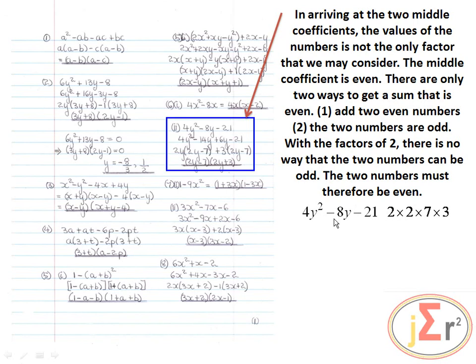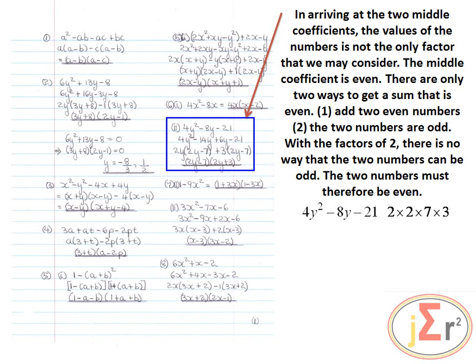So we are saying that it does not have to be so sophisticated, that if we are attempting to find that middle coefficient or those two middle coefficients, the value of the numbers is not the only thing that we can use. We may make use of the fact that the number is even, or if it is odd, we make use of the fact that it is odd. But in this particular case, it is even, and we are making use of the fact that it is even.